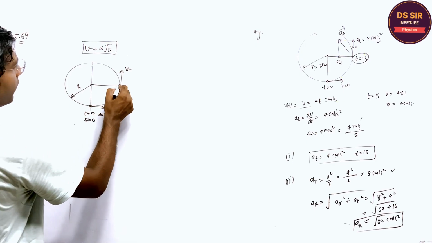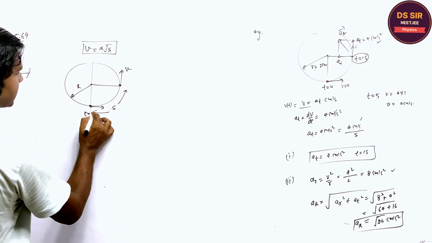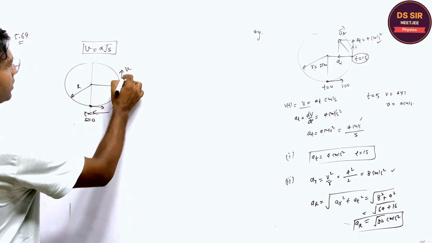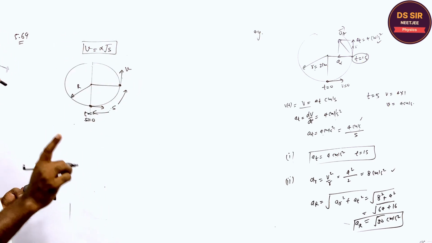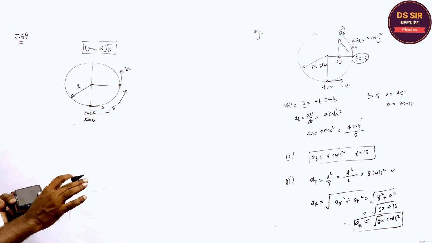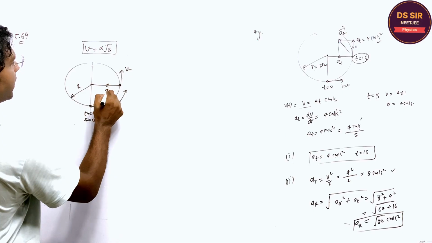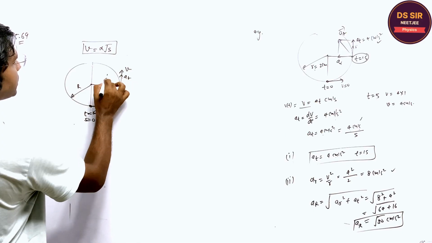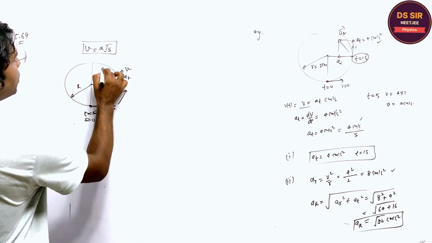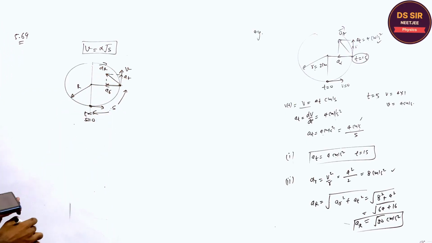So you have to find, after traveling the distance s, the acceleration. The acceleration means the total acceleration. So it will have the radial as well as the tangential acceleration, and the resultant acceleration you have to find. Is it clear or not?